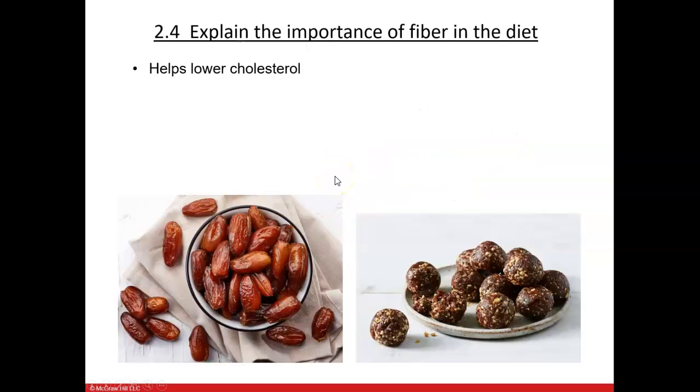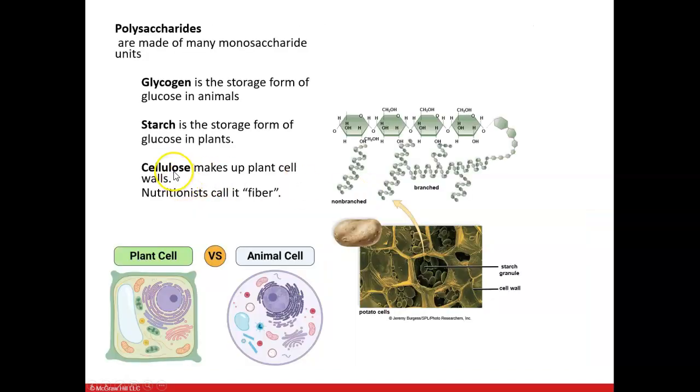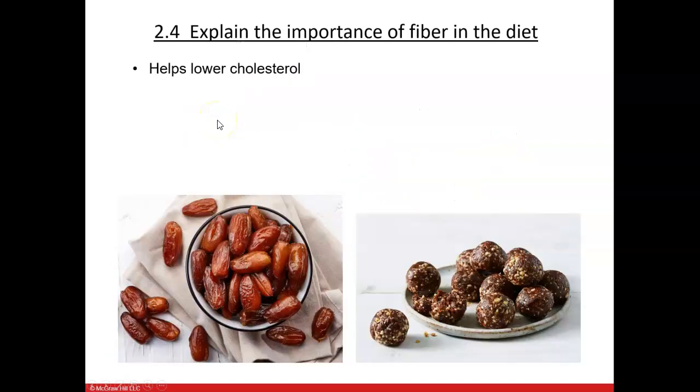So if I look at the next learning outcome, it says, explain the importance of fiber in the diet. Whenever I say fiber, you can say cellulose and remind yourself that cellulose is a polysaccharide and the polysaccharides are carbohydrates. So explain the importance of fiber in the diet.